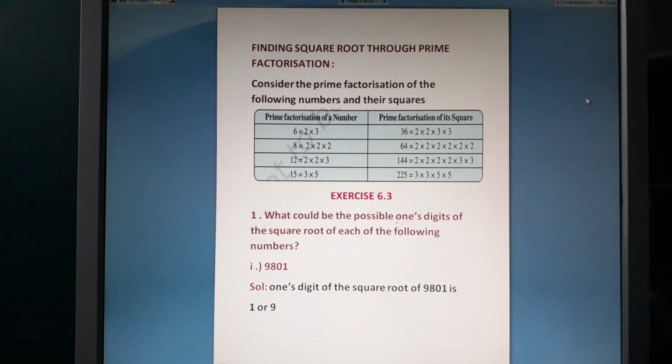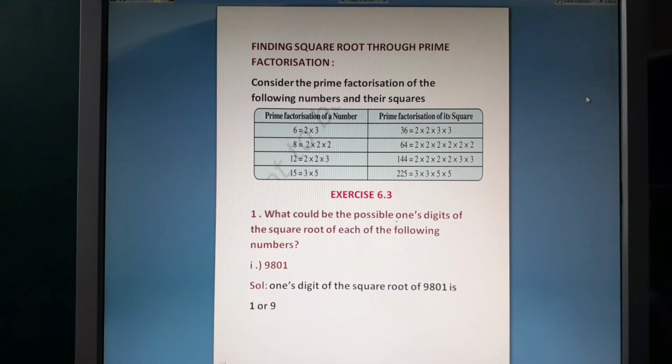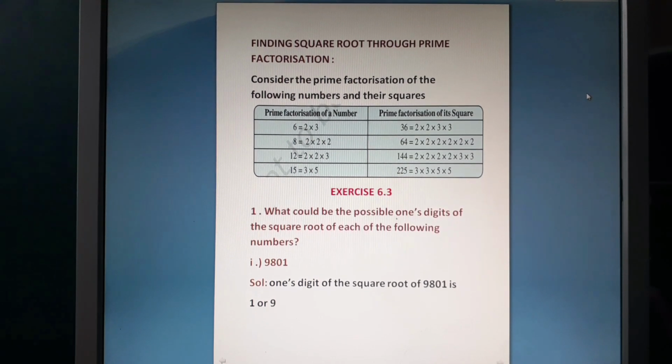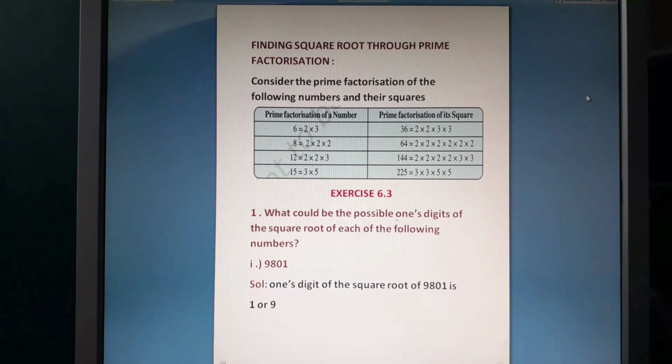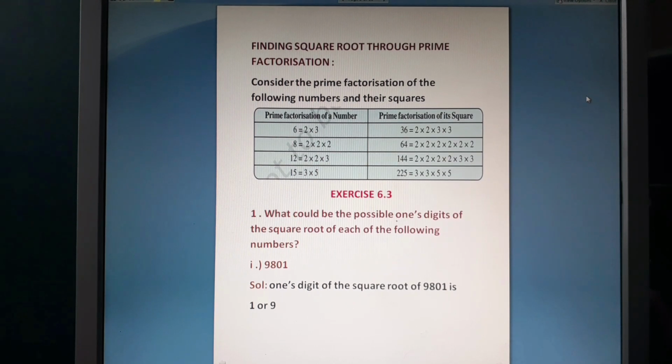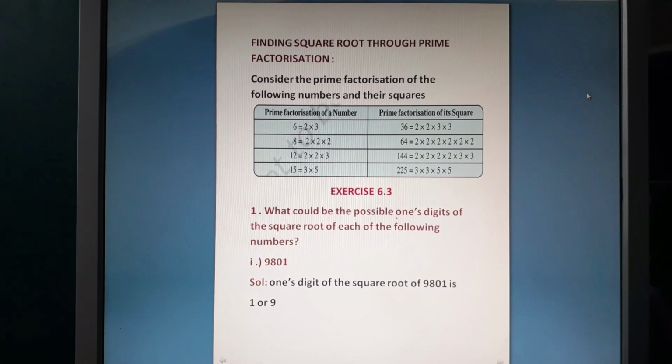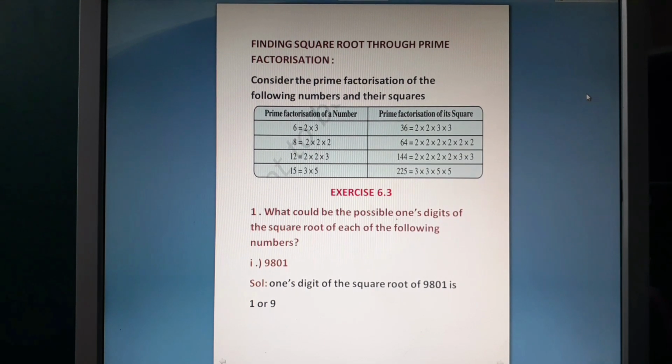Similarly, observe the occurrence of 3 in 6 and 36, of 2 in 8 and 64. You will find that each prime factor in the prime factorization of the square of a number occurs twice the number of times it occurs in the prime factorization of the number itself.